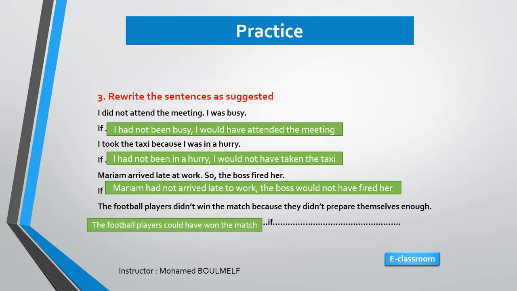So it will be the football player could have won the match or would have won the match if they had prepared themselves enough, because we have they didn't prepare, so it's a negative. We need to change it to affirmative, had prepared.